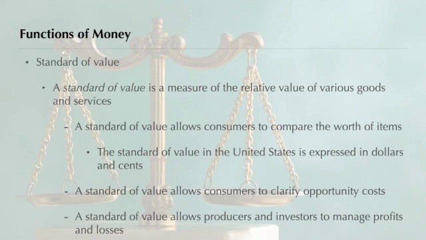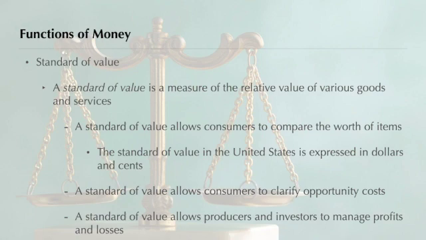In the United States, the standard of value is expressed in dollars and cents. Goods and services for sale are marked with a price that shows their value using these forms of measurement. If an audio cassette costs $10 and a pizza costs $5, a consumer knows that the relative value of the cassette is twice that of the pizza.